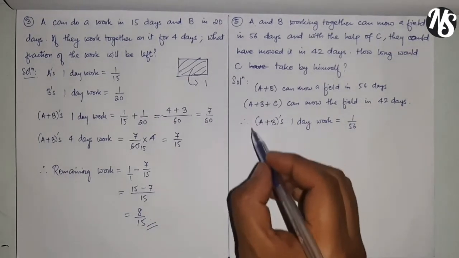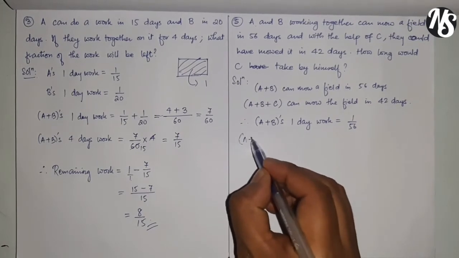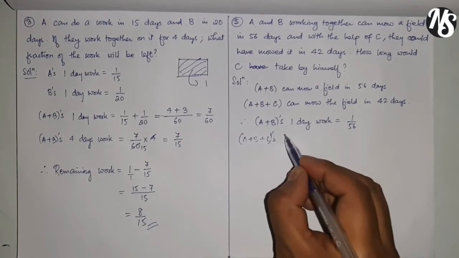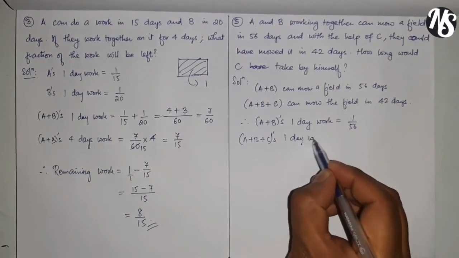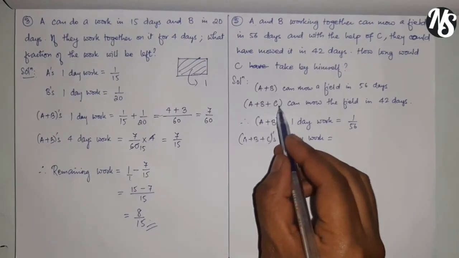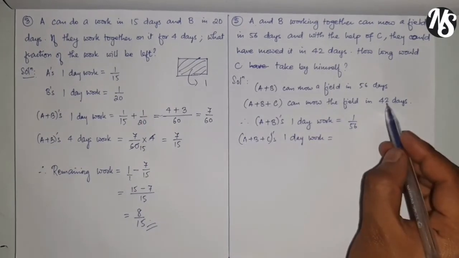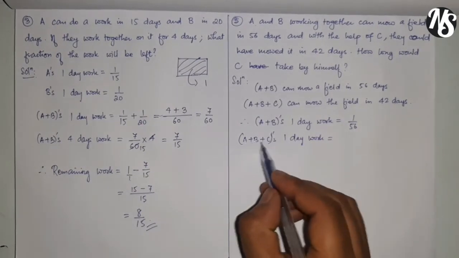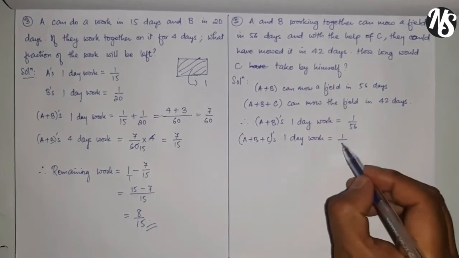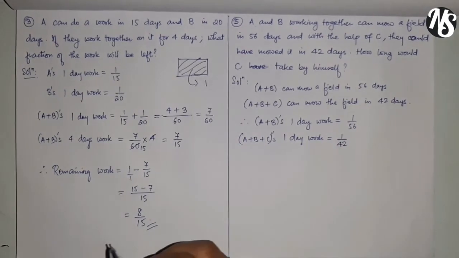Now similarly let's see what will be A plus B plus C's 1 day work. If these 3 people work together, they finish the work in 42 days. So if they work only for 1 day, they can finish just the reciprocal of this, which is 1 by 42 part.